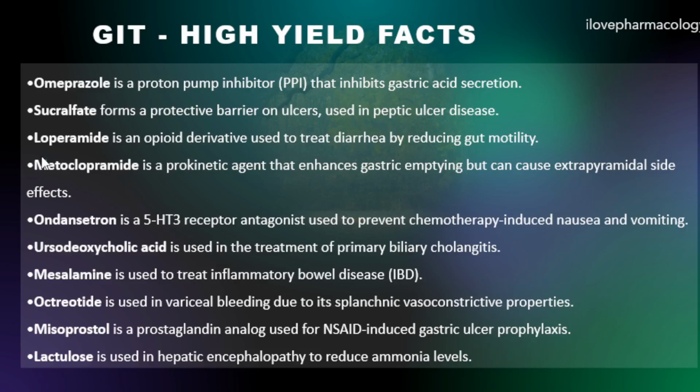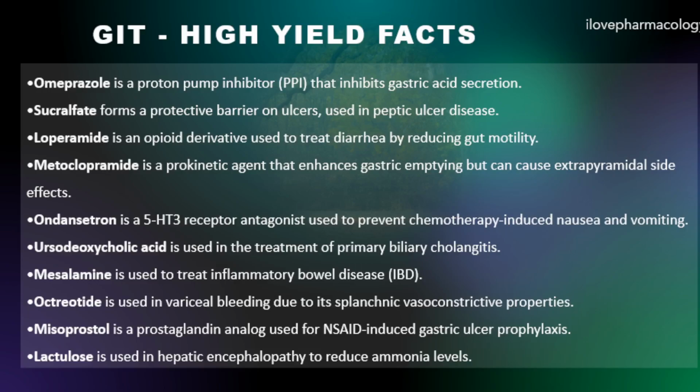Loperamide is an opioid receptor agonist that can be used in the treatment of non-infectious diarrhea by reducing gut motility. Metoclopramide, which is a prokinetic agent, can enhance gastric emptying and can cause extrapyramidal side effects.